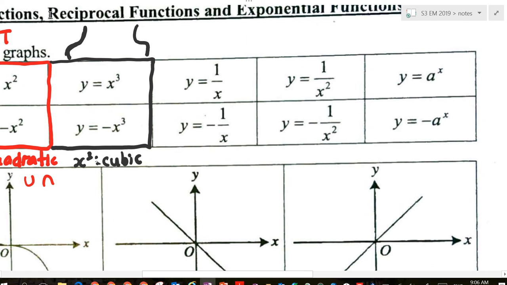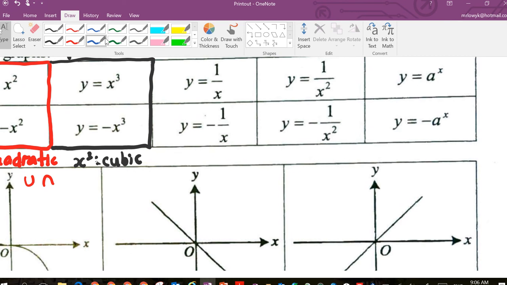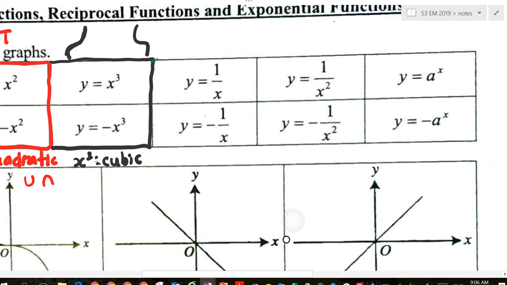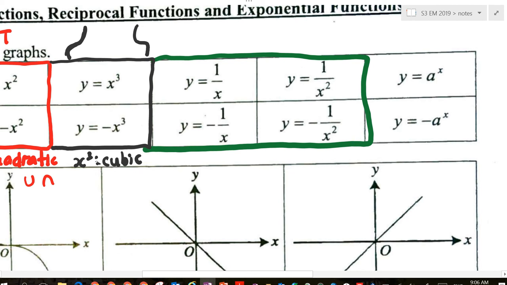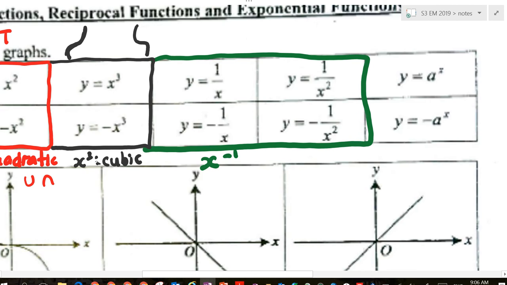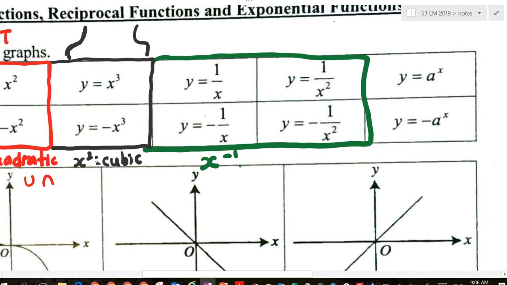Now the next graph I'm going to introduce to you is called the x power negative 1 graph or x power negative 2 graph.